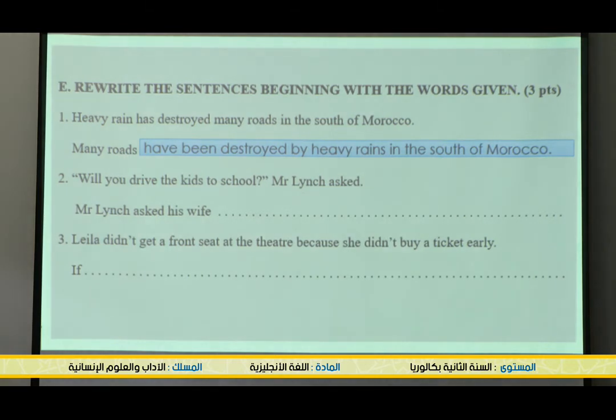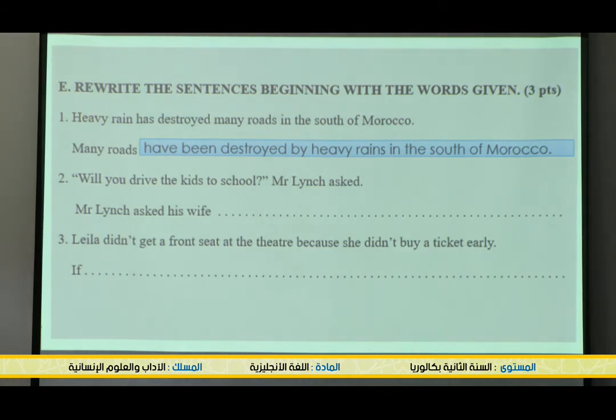Now, number 2, will you drive the kids to school? Mr. Lynch asked. As you can see here, the sentence is in quotation marks. So automatically we're talking about reported speech.